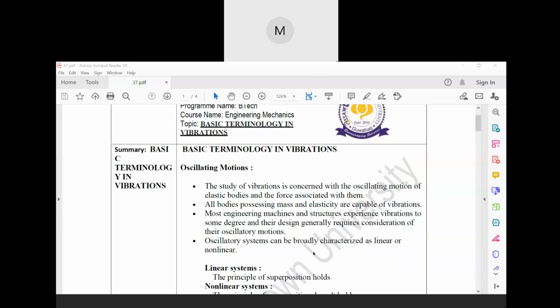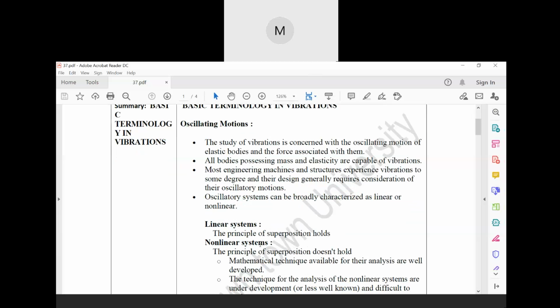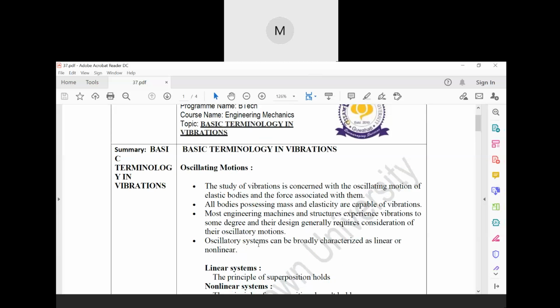Oscillatory systems can broadly be characterized as linear or non-linear. So what is a linear system and what is a non-linear system? In a linear system, the principle of superposition holds good.